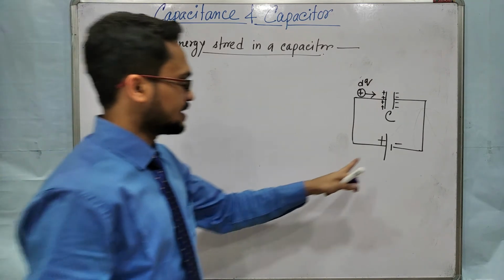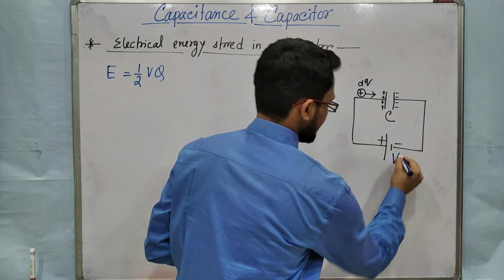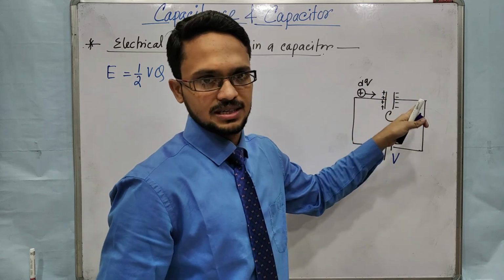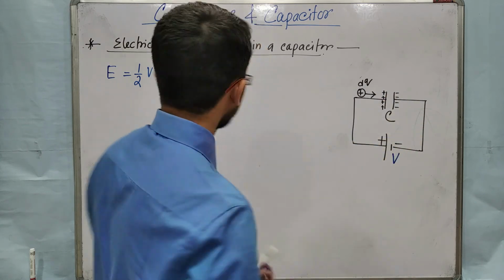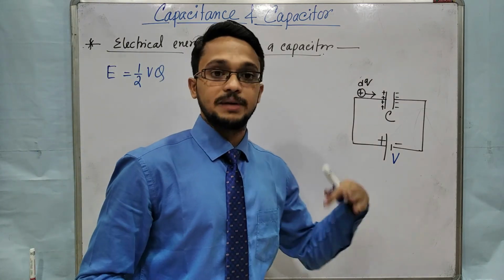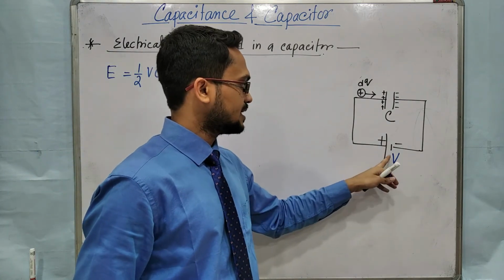Now look here. If the potential of the battery is V, and at the end the capacitor is completely charged, that means 100% charge, then energy stored is this much. But what will be the energy spent by the battery?